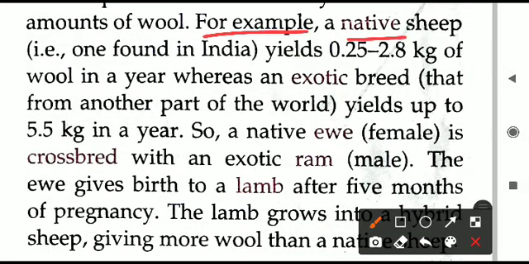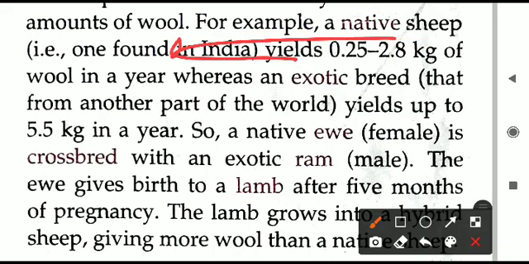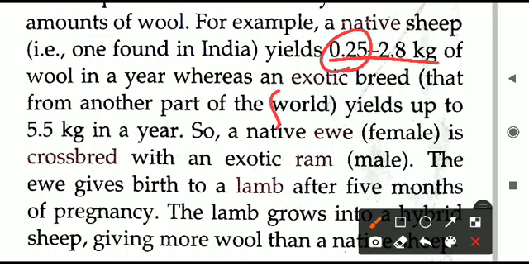For example, a native sheep, native meaning belonging to our own country, a local sheep. A local sheep that is found in India, how much wool will it yield? It will yield around 0.25 kilograms to 2.8 kilograms. 0.25 means 250 grams, and the other number you can see is 2.8 kilograms.